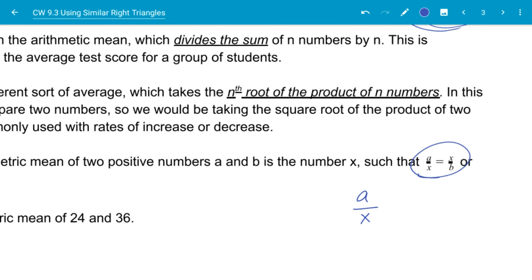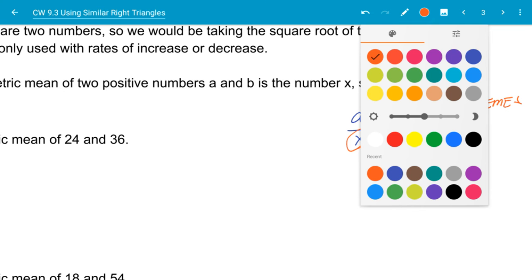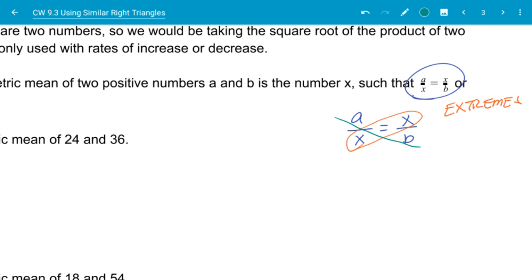So I could say A over X is equal to X over B. The X's there in the middle part, these are called my means. And in the green, the A and the B, these are called my extremes.